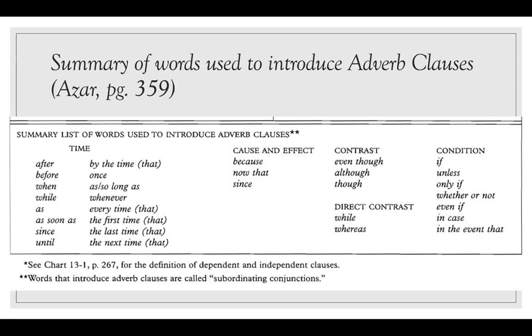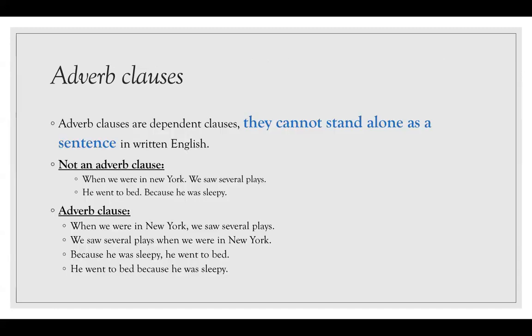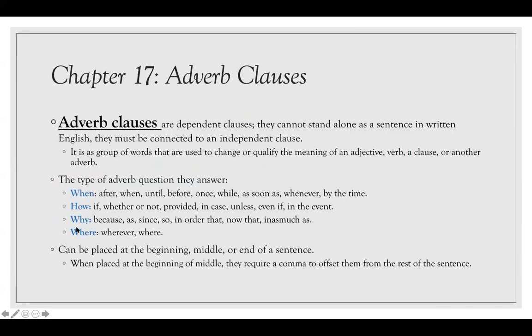In Azar's book, the version that I gave you, on page 359, there's a summary of all the words that can be used to introduce adverb clauses. She differentiates different types of adverb clauses, differently from the questions I mentioned before: when, how, why, where.